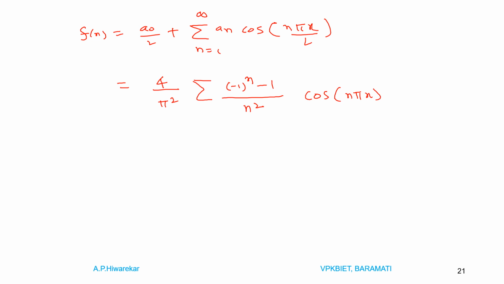So that is the value of f(x), and f(x) here is given as 2x minus 1 and the interval is given as 0 less than x less than 1. So this is the final answer, the half range Fourier cosine series for the function 2x minus 1.